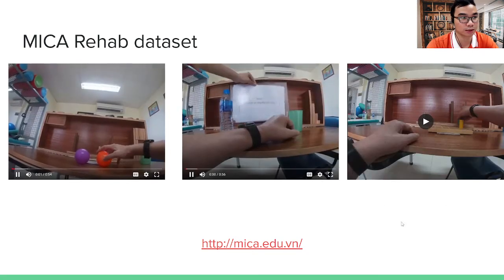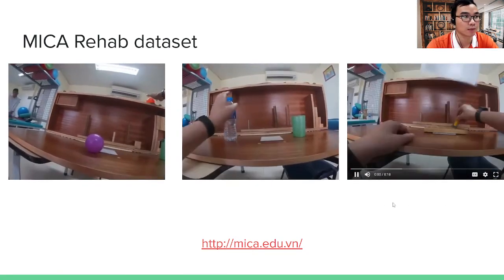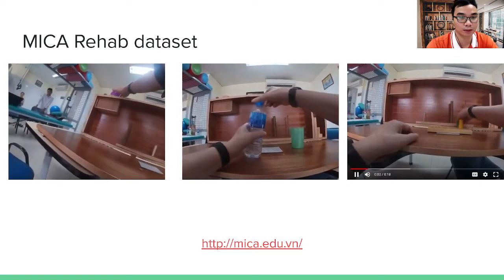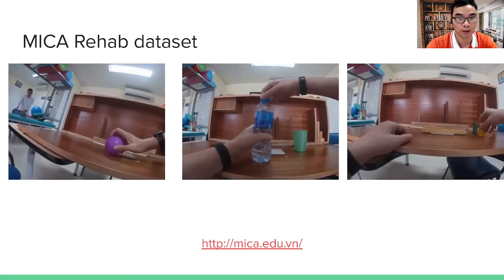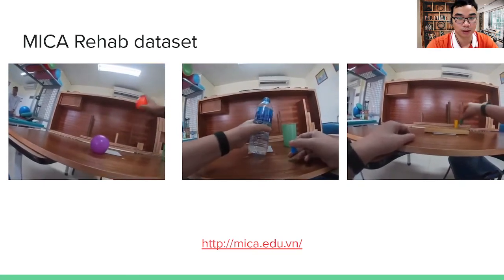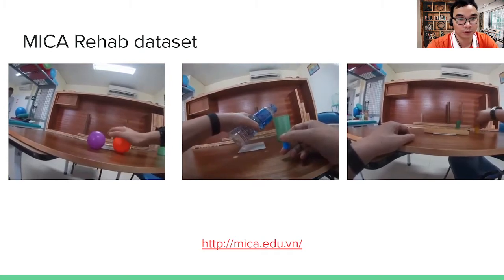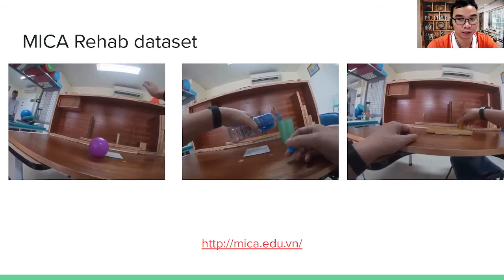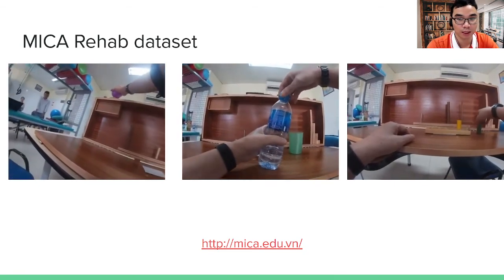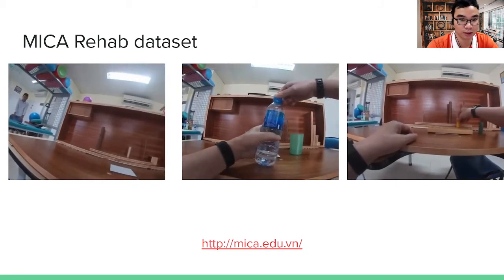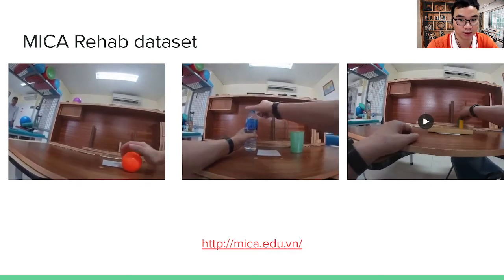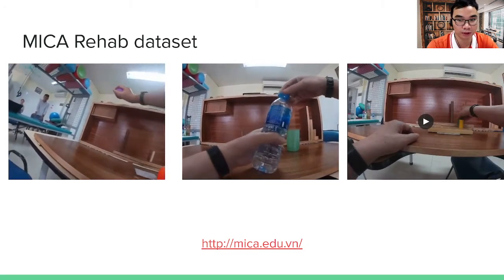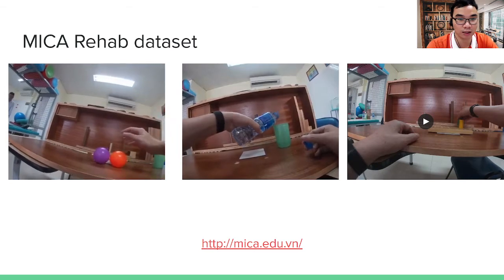Okay, this is our new dataset, the MyK Rehab dataset. The evaluation utilizes an egocentric hands detection and tracking dataset named MyK Rehab. The dataset consists of rehabilitation exercises of patients through interaction of their hands with daily living objects.